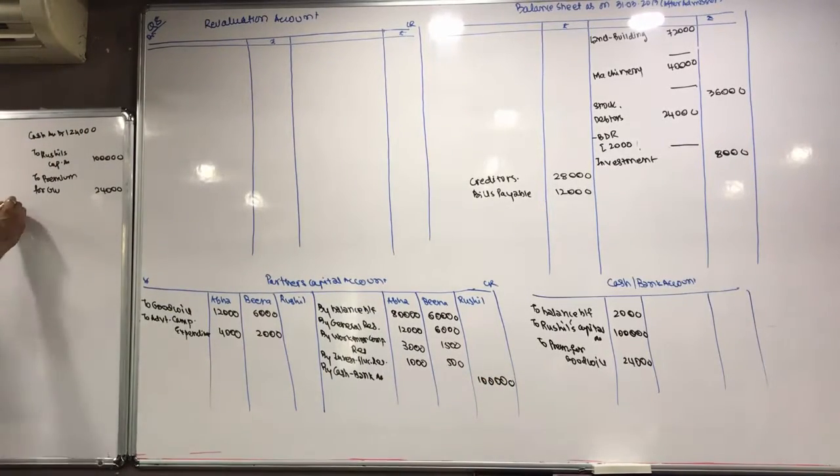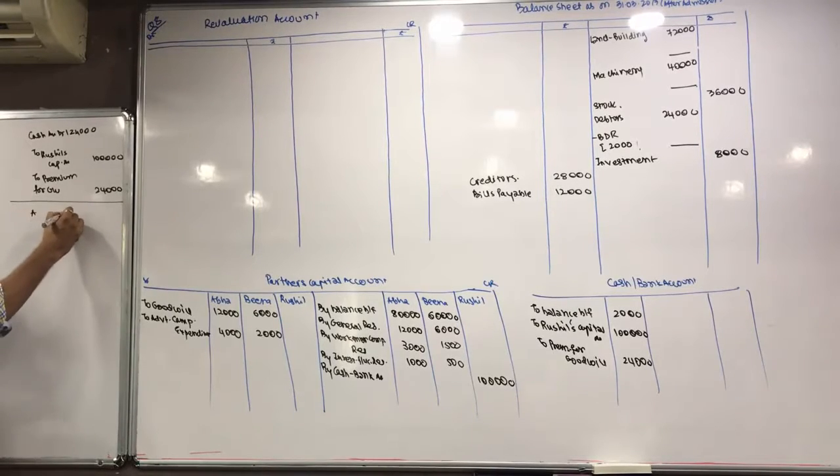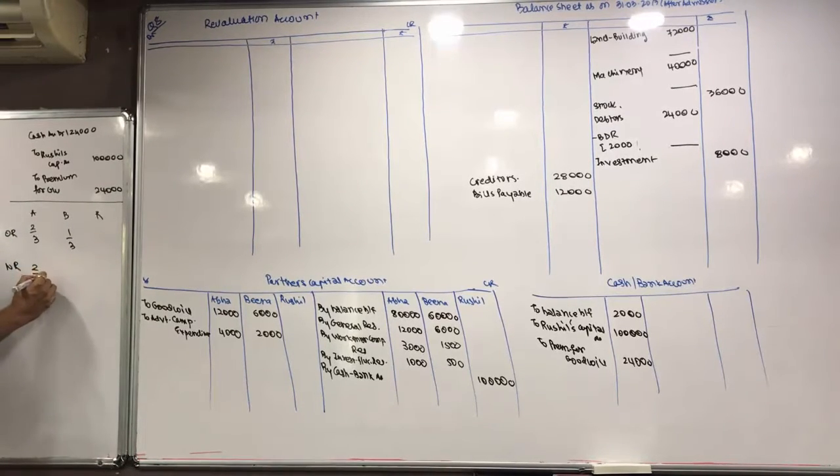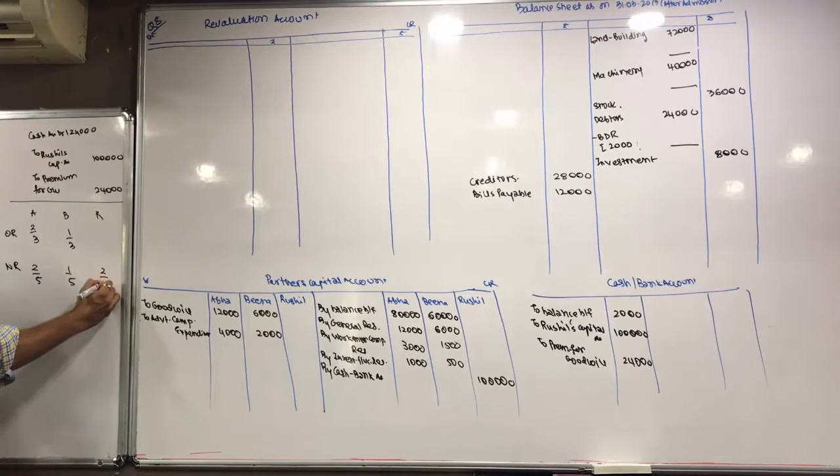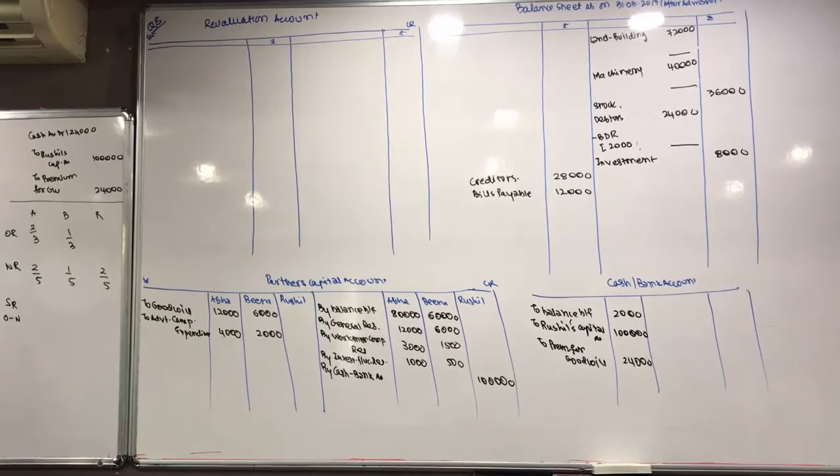Find the sacrifice ratio now. New ratio is 2:1:2. Find the sacrifice ratio.